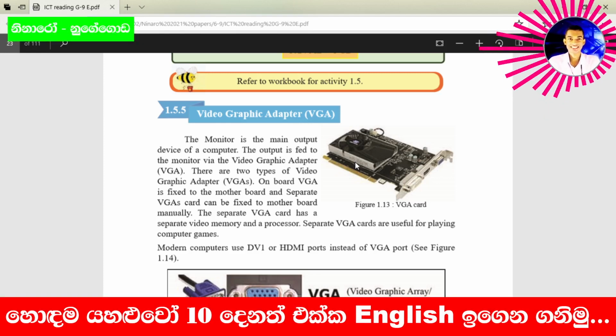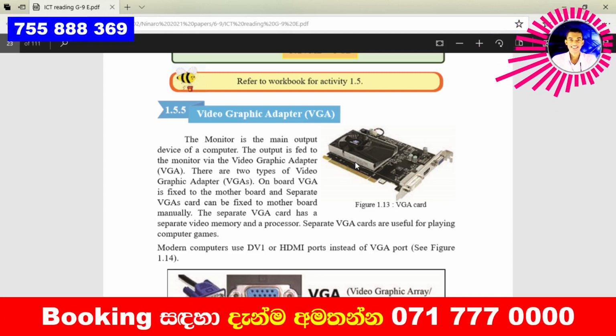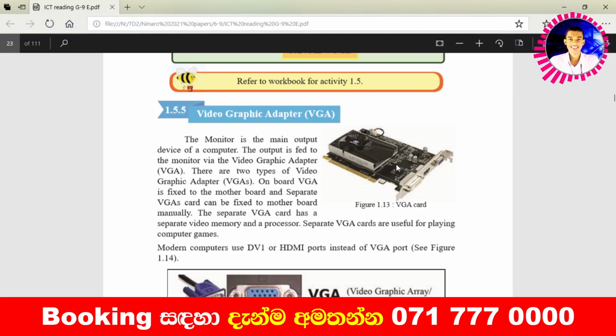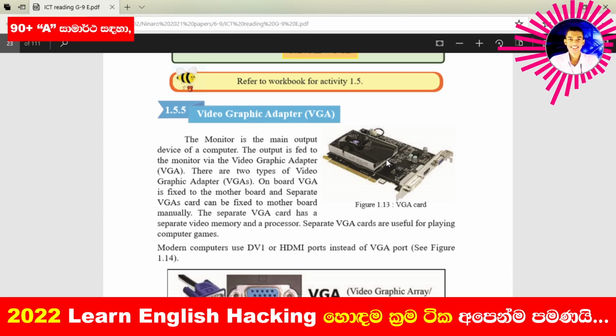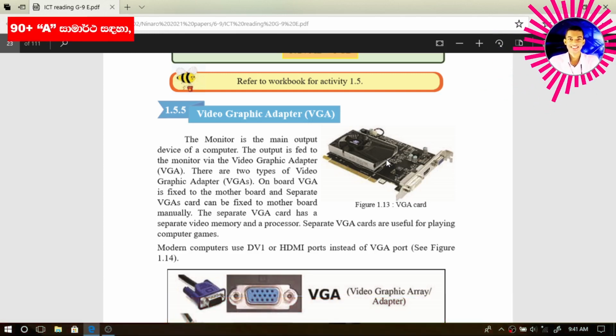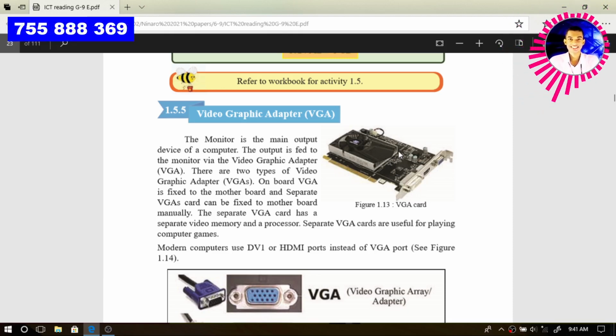Therefore, before we get an image to the monitor, we will have to process it and provide it to the monitor. For that requirement, we can use a video card. I think now you have an idea about the VGA card and what its task is.